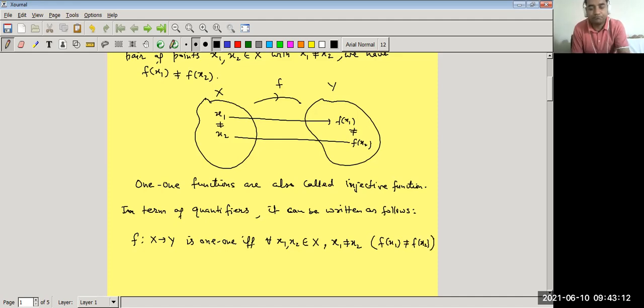So this is how we can write the definition of one-one function in terms of quantifier.